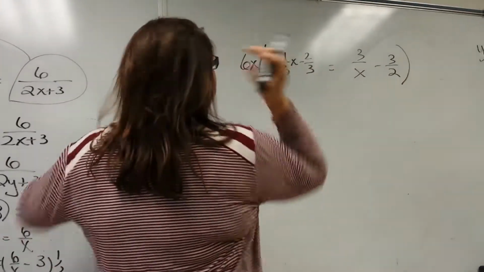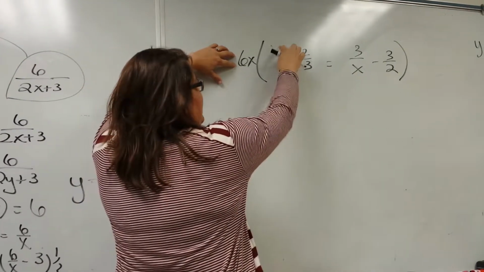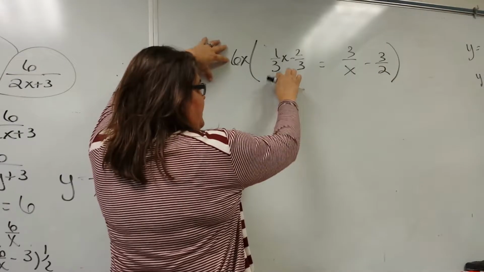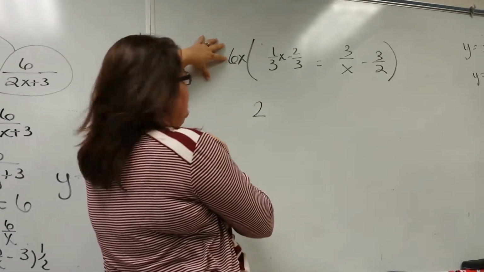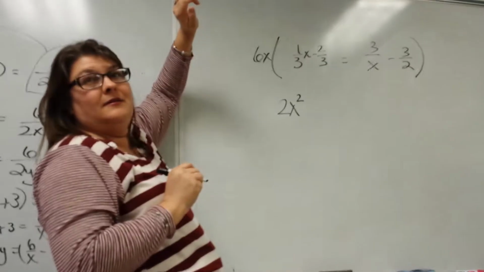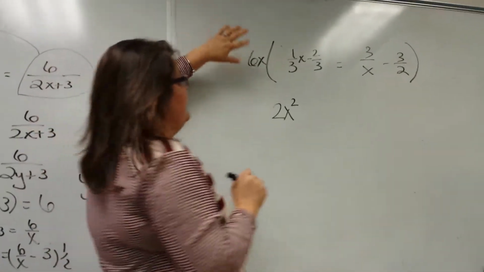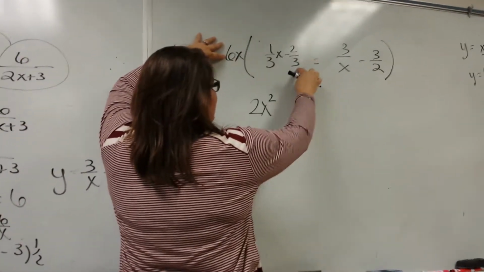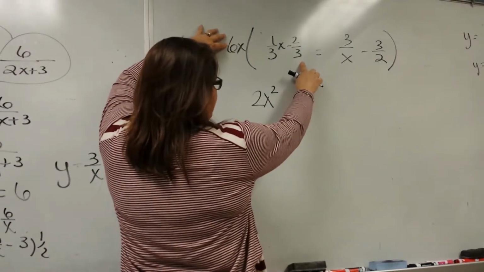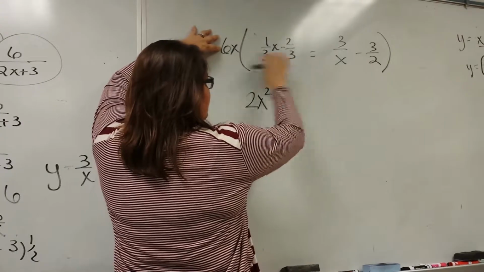So if I multiplied 6x times 1/3 x, do you agree it's 6 times 1/3, which is 2, and x times x, which is x squared? Then 6x times negative 2/3. Does everybody remember how to do it? 12/3, so 3 goes in there.